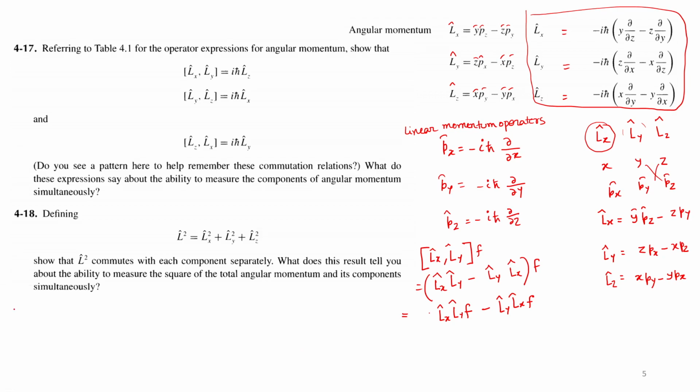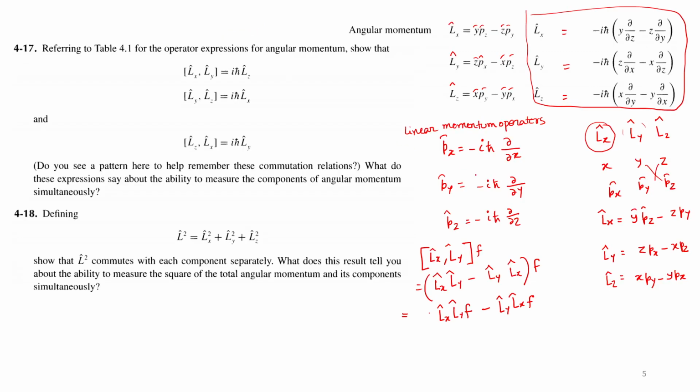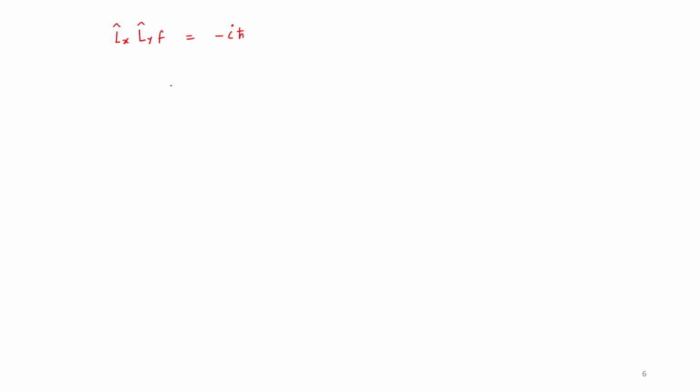Then we go to the next page. So first we'll check what is the value of this. So Lx, you know that is minus iħ (y ∂/∂z − z ∂/∂y). Lx is y pz − z py, into y pz, ∂y ∂z, right?